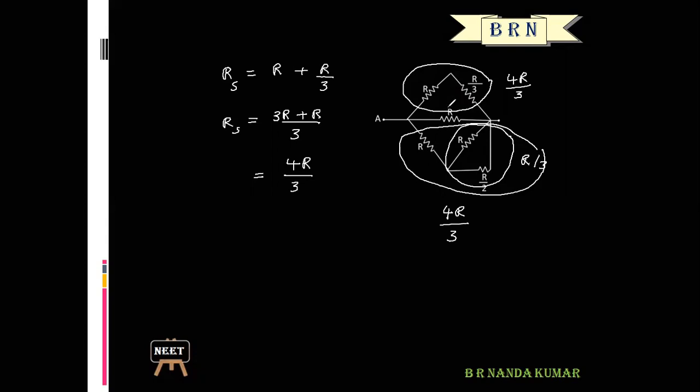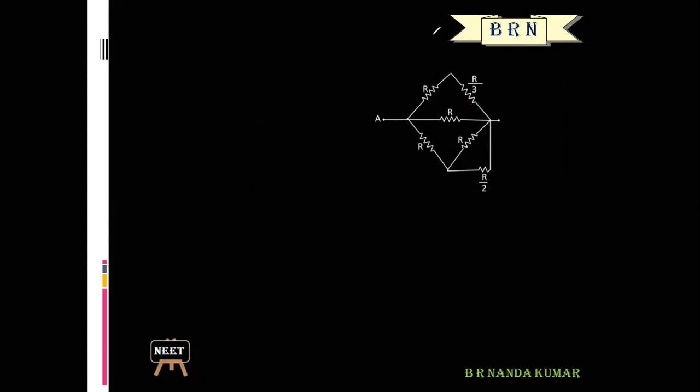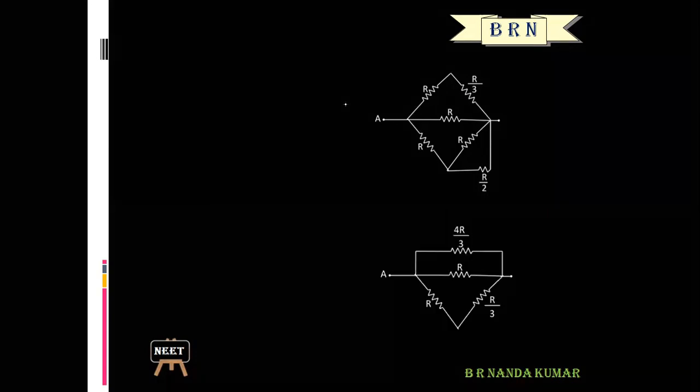All 3 are connected between 2 common points, which means all 3 are connected in parallel. So the effective resistance of this one is 4R by 3.